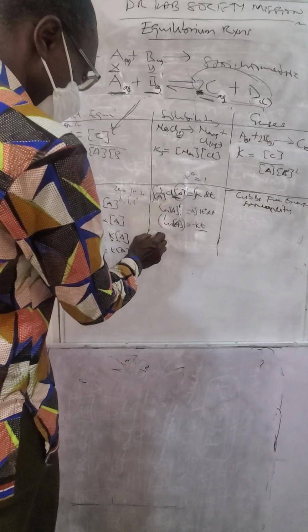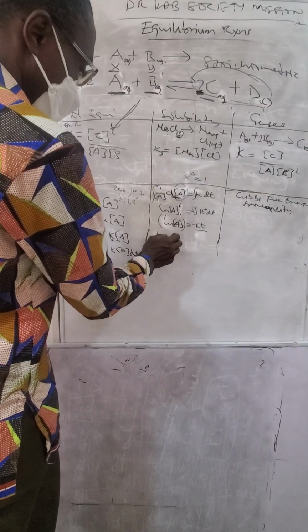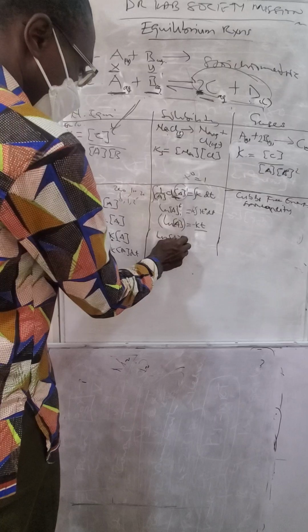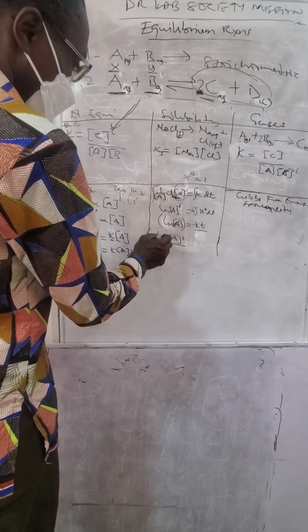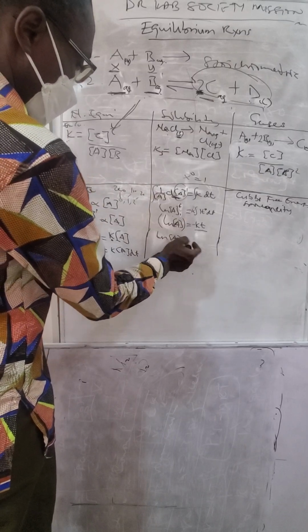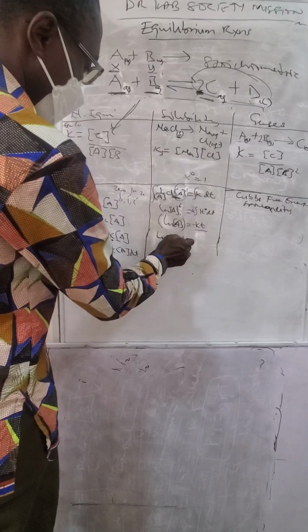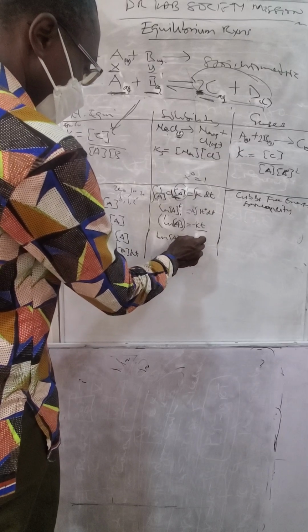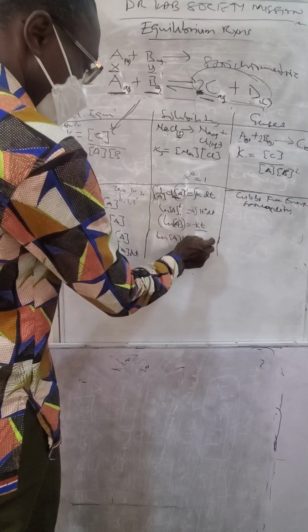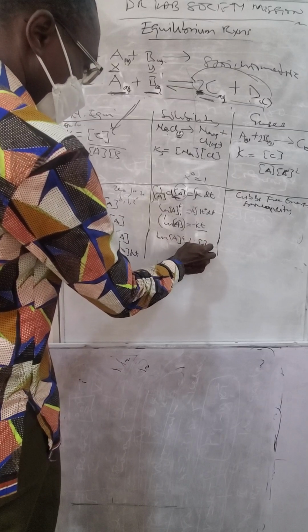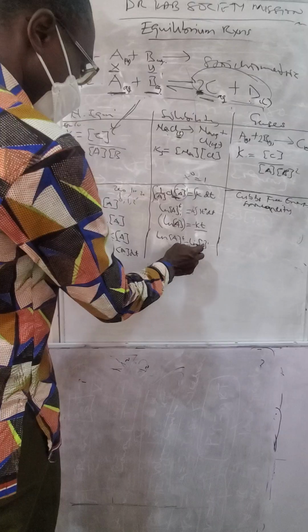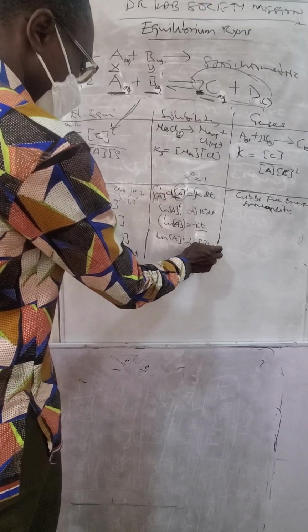Come out as what? ln A concentration, which is, let's say, final over what? Because we're going to subtract it, it should be minus ln A initial, okay, is equal to minus kt.